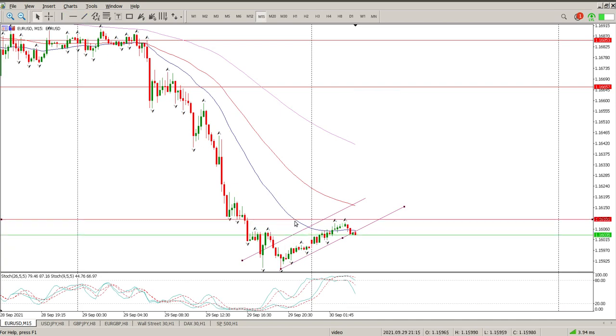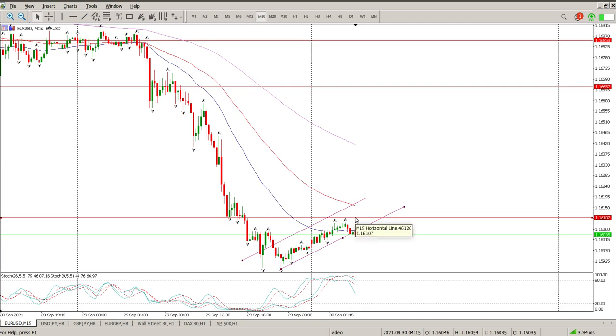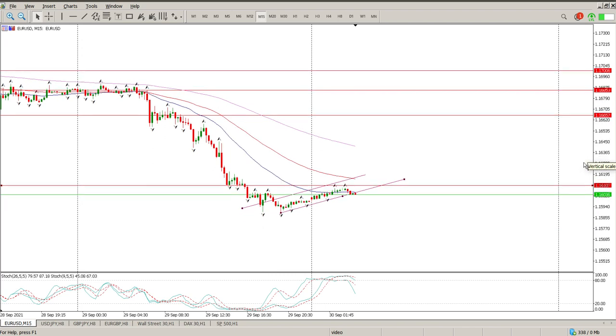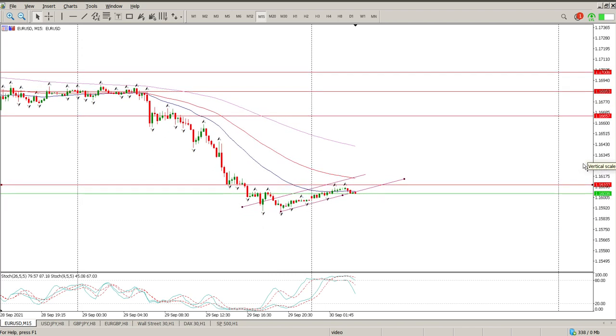So there's a bit of structure right there. That's the area that I would be paying attention to. 116, 107. If 116 gives way, you probably got sort of 1550 area to aim for.